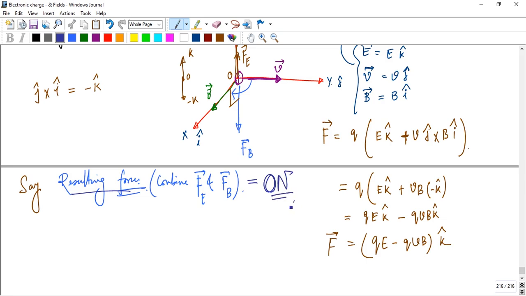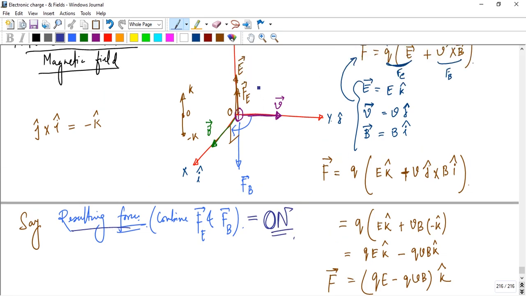That means the electrostatic force is upward and the magnetic force is downward, with the same magnitude but in opposite directions. So vectorially, if I add these two vectors, you get 0 Newton.